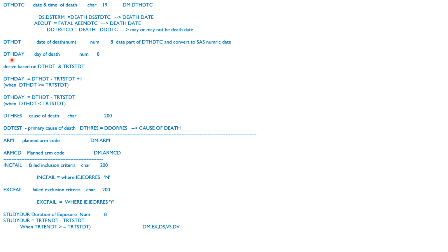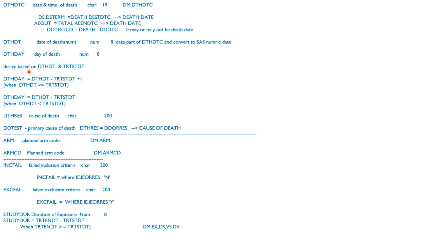Then DTHDY will also be created based on DTHDT and the treatment start date. How are we going to create it? If DTHDT is greater than or equal to treatment start, then DTHDT minus treatment start plus 1, or else DTHDT minus treatment start.